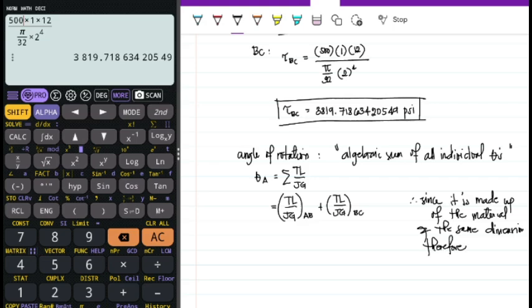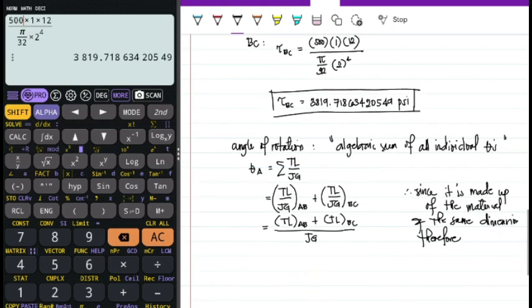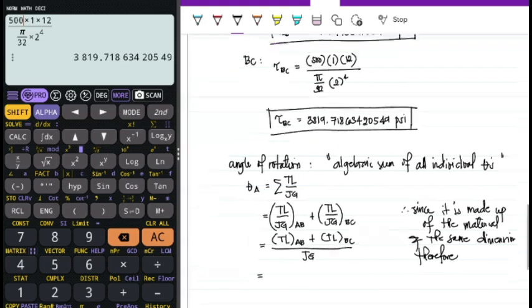It is quite unique for this example only, since it is made up of the same material and the same dimension, which is in terms of the diameter. Therefore, we can opt to combine JG together, although if you don't want to combine them, still okay.